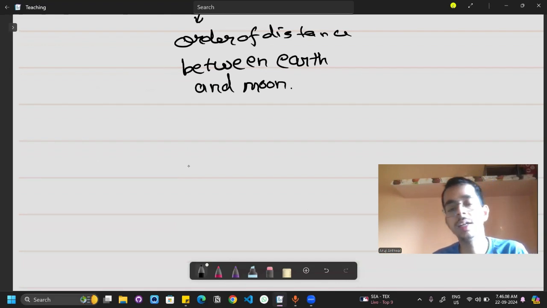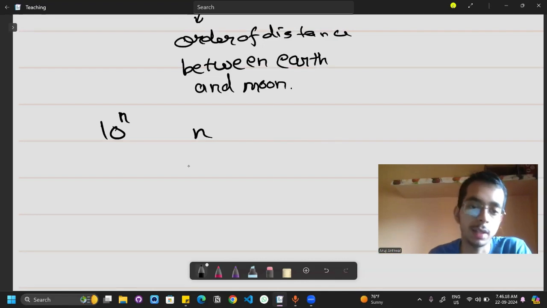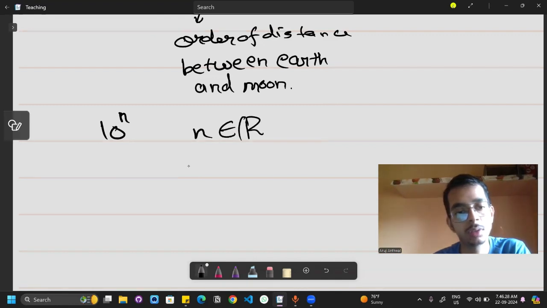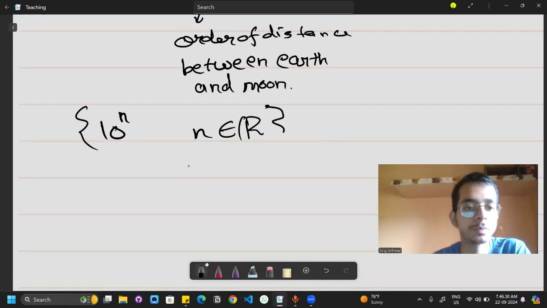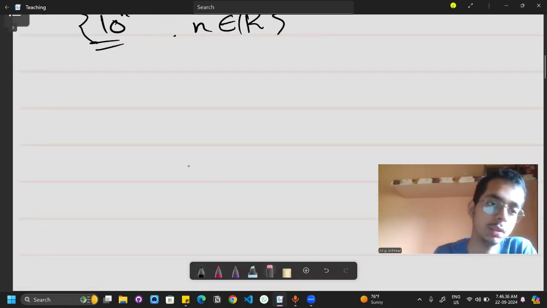Order in these calculations is generally taken as 10 to the power n, where n can be anything. It can be a fraction, whatever it is, belonging to the real numbers. This is the order in the scientific sense.